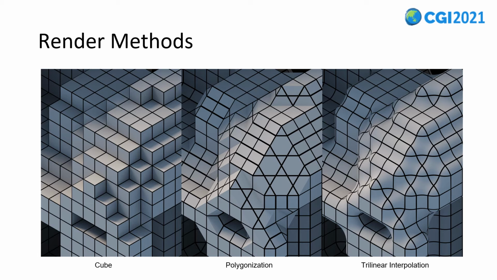It replaces the right-angle edges of cubic voxels with 45-degree flat bevels, making it a popular rendering style in the voxel art community. In this paper, we choose polygonization as our rendering style for binary volumes and propose an efficient grid-based raycasting method for it. The examples shown in the previous slides are rendered by the proposed algorithm.